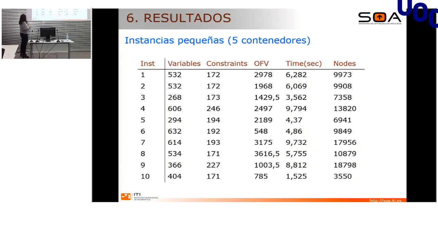We have 10 instances with 5 containers, with this number of variables, this number of constraints. This is the objective function value and the time in seconds to solve the problem.